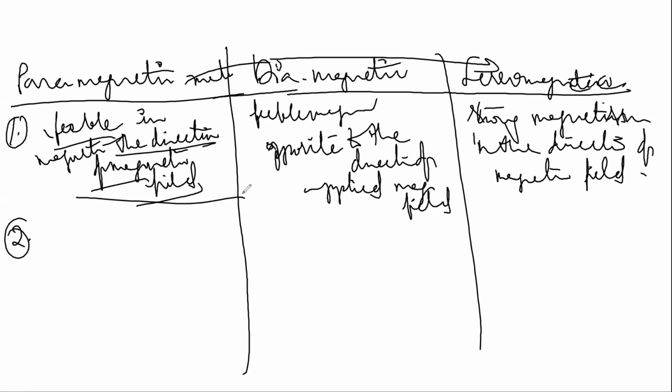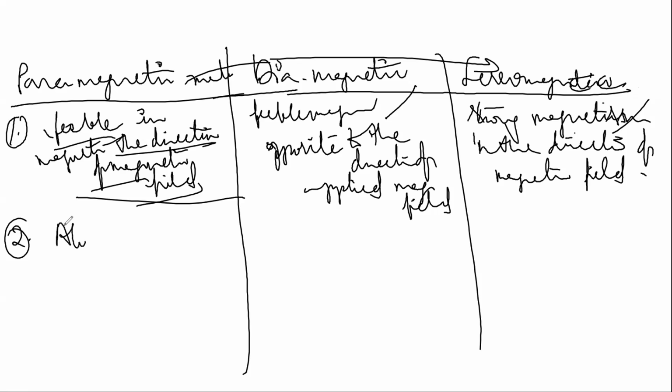When we apply a field, the magnetism is in the same direction as the applied magnetic field, and such materials are said to be paramagnetic. In the opposite direction, diamagnetic. In the same direction with high magnetism, stronger magnetic properties, they are ferromagnetic materials.